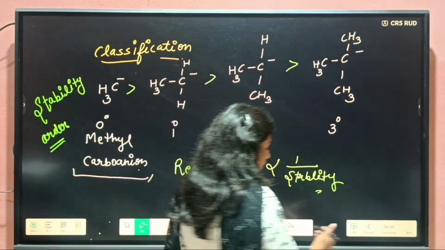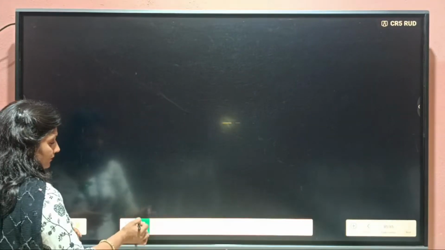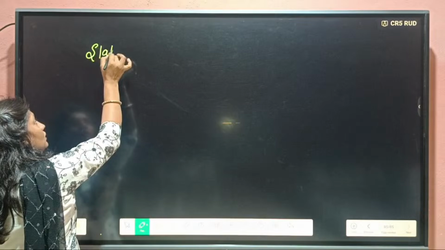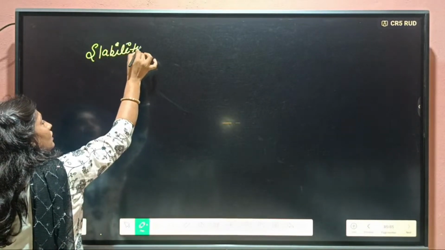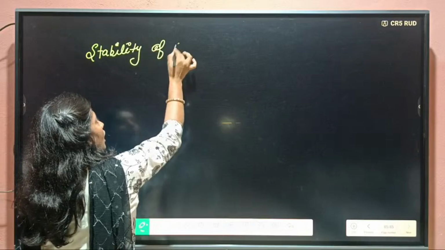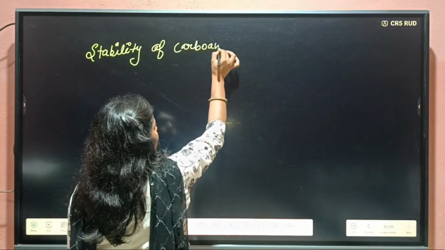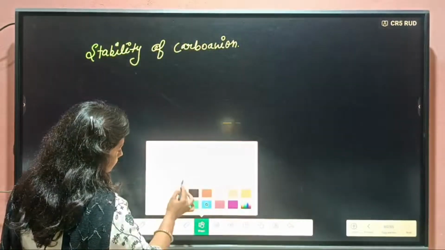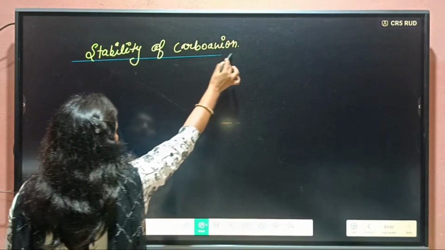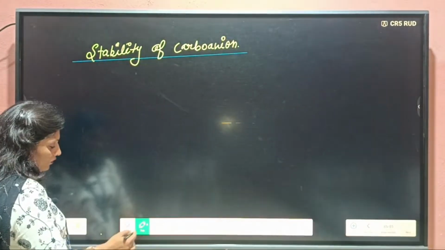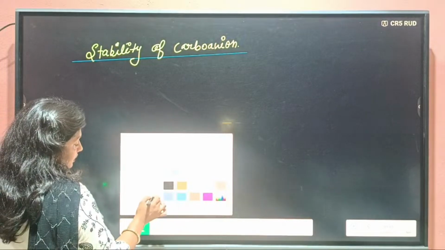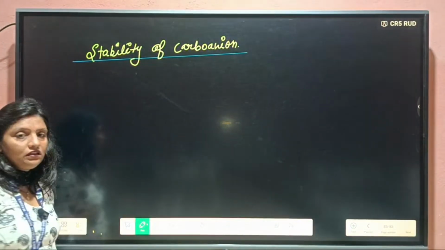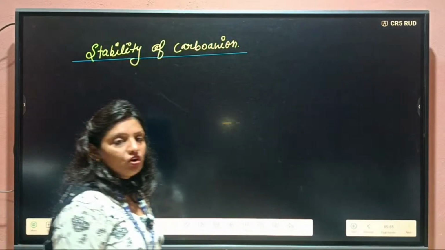Then students, during the explanation of stability of the anion, what was the first factor in stability of the carbocation?